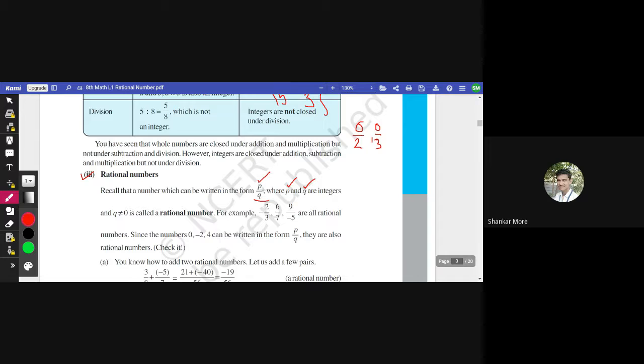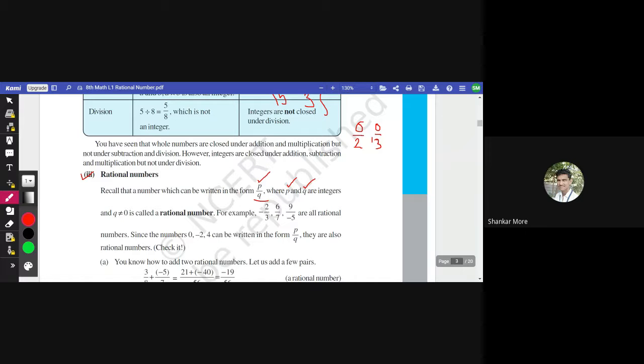What is our definition? It should be written in the form of p by q. We have written 0 in the form of p by q. Now, you are in the 8th standard, so you may think that every number is going to be a rational number, but that is not the case.